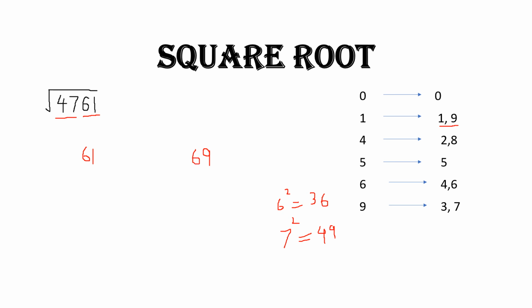We will choose between these two numbers. We have chosen 6, so we will multiply 6 with the number next to 6, that is 7. We know that 6 sevens are 42, and 47 is greater than 42. That means 61 is not the option. So the correct answer is 69. You can use this trick to find the square root of any number within seconds.